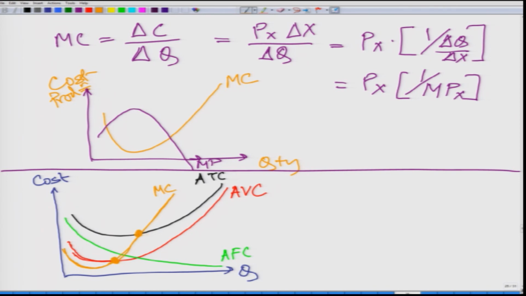Remember that. The average total cost and average fixed cost come closer to each other because the average fixed cost is getting smaller and smaller, and this marginal cost curve, on its way to rise, will cut or intersect the average variable cost and average total cost at their minimum points.